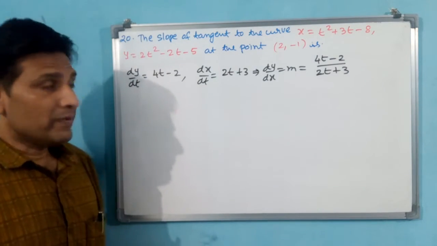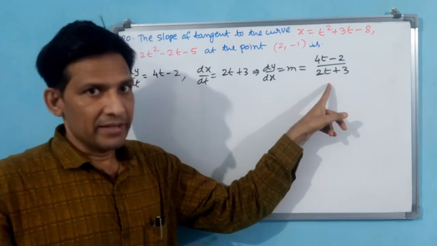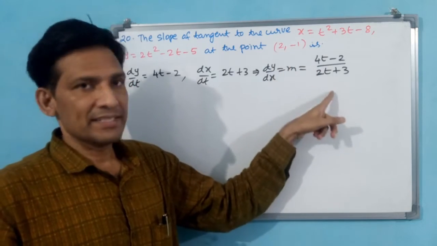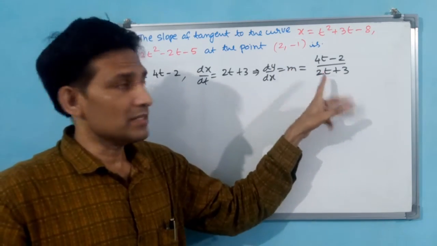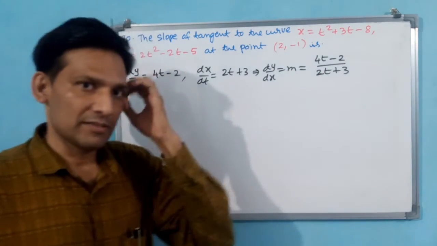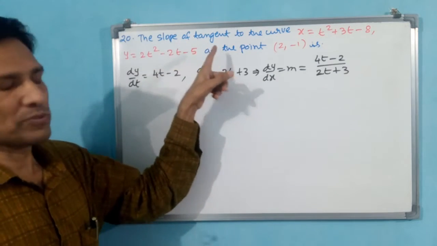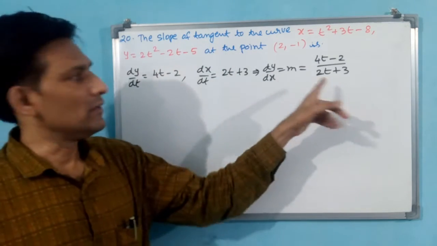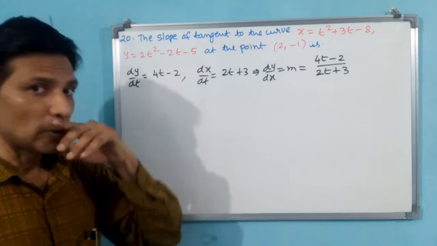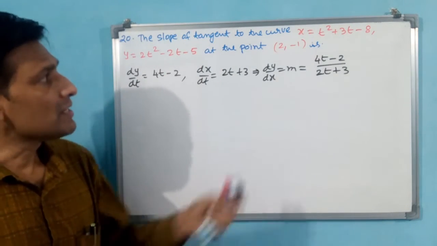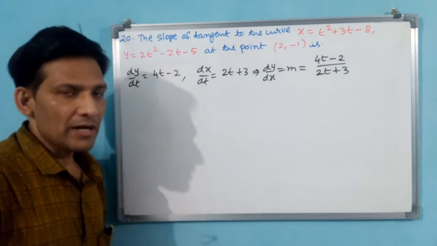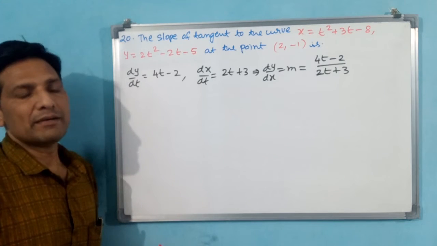If x or y were here, you could substitute the point, 2 for x and minus 1 for y. But because he is asking the slope value, this is slope only, m, dy by dx. Slope of the tangent is m. But here we have got a t value, not x or y. Then how can we find?